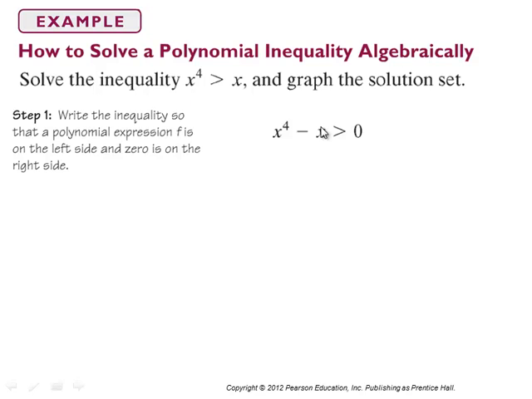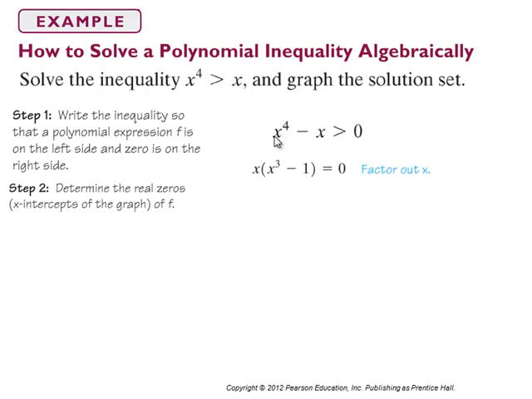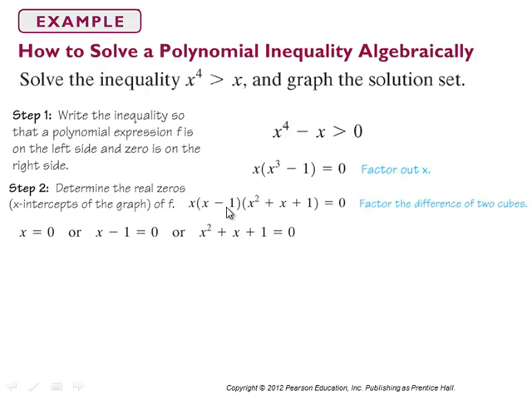So here we've subtracted x from both sides, and let's graph the function x to the fourth minus x. And of course, you know how to use your graphing techniques. Find your x-intercepts by factoring the function, just like we've done here. And 0 and 1 are the two x-intercepts, and so forth. Your y-intercept will be 0 as well.